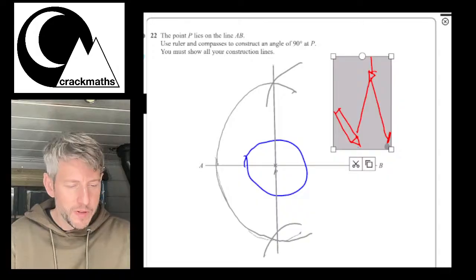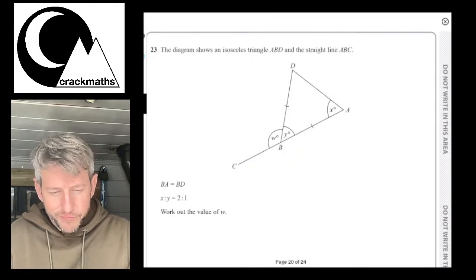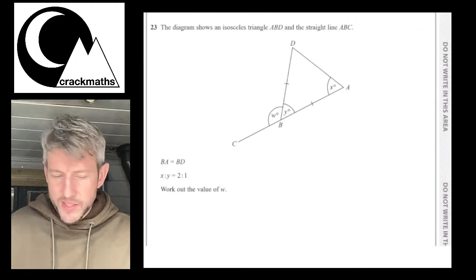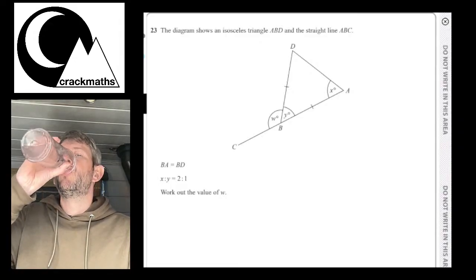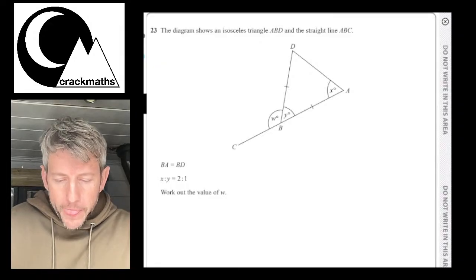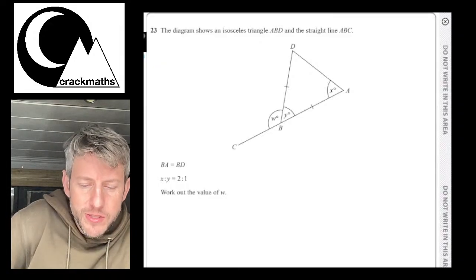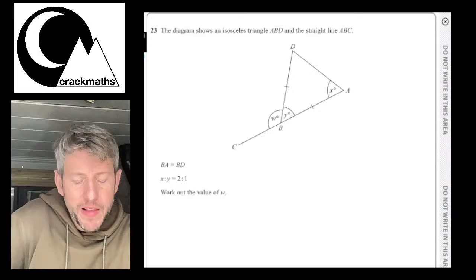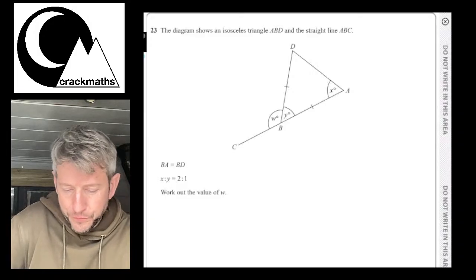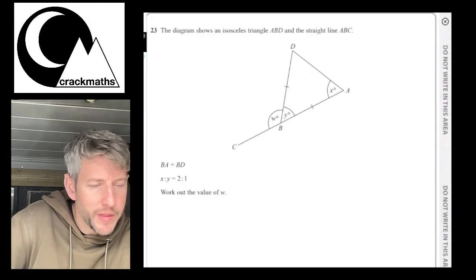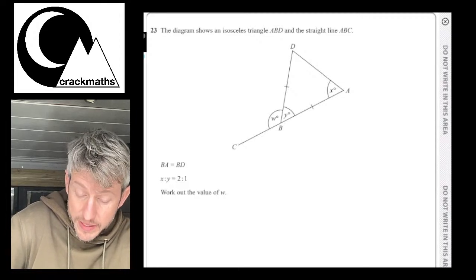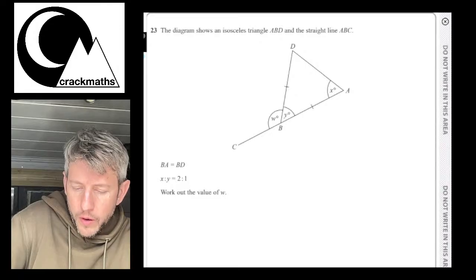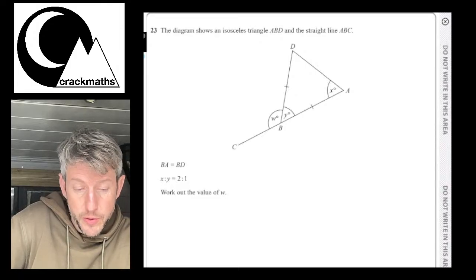Okay, right, so let's look at the next question. The diagram shows an isosceles triangle, ABD, and the straight line, ABC. So on here we get BA equals BD, and we've got x to y is 2 to 1.